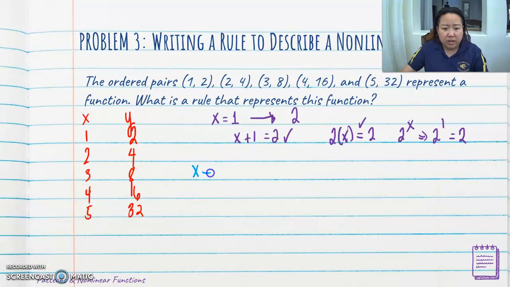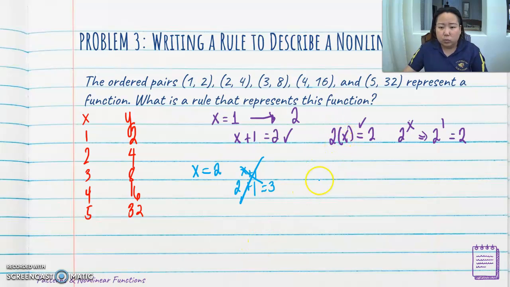If x equals 2 and we have x plus 1, it will be 2 plus 1, which is equal to 3. Is 3 our output? Definitely not. So our x plus 1 rule will not work. That's how you can eliminate that.